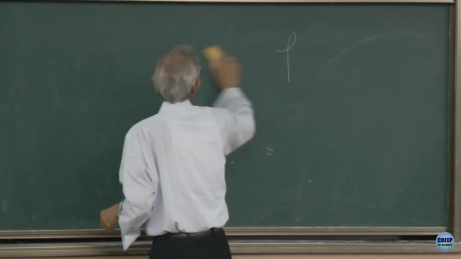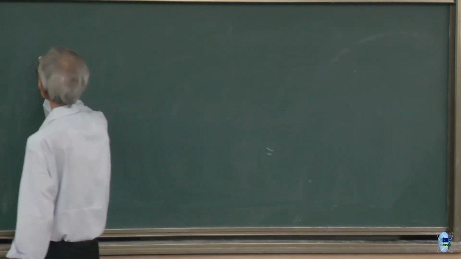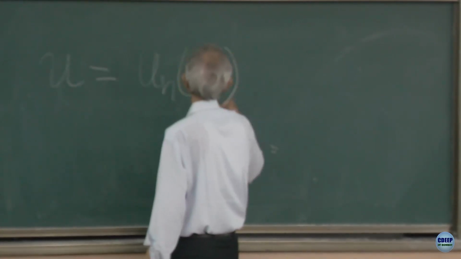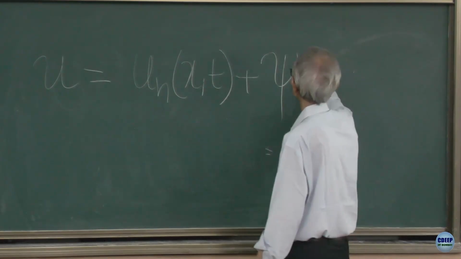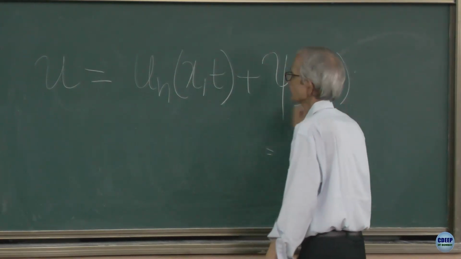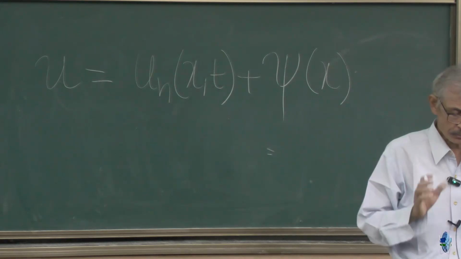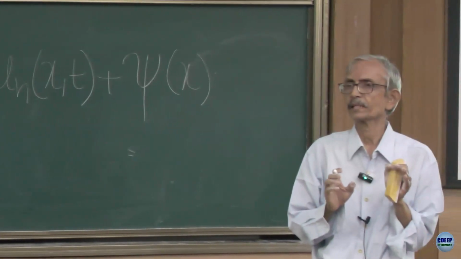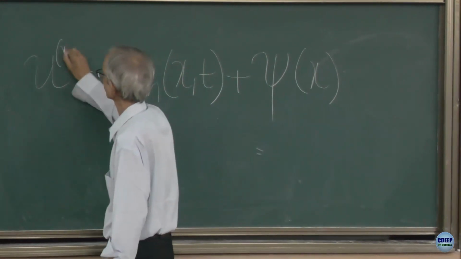Okay. And that is a fairly common strategy. What you say is u is going to be equal to a u homogeneous, which is going to be a function of x and t, plus another function psi, which is going to be a function of x only. Okay. So u is going to be a function of x and t, which is this here.